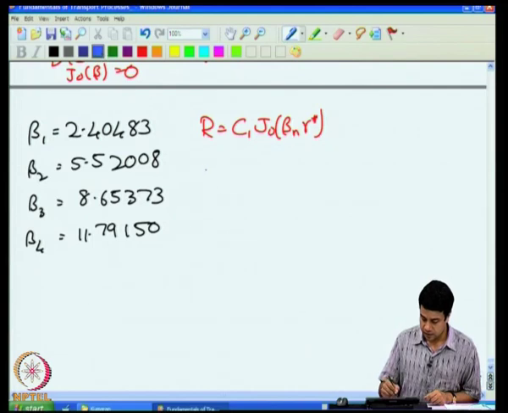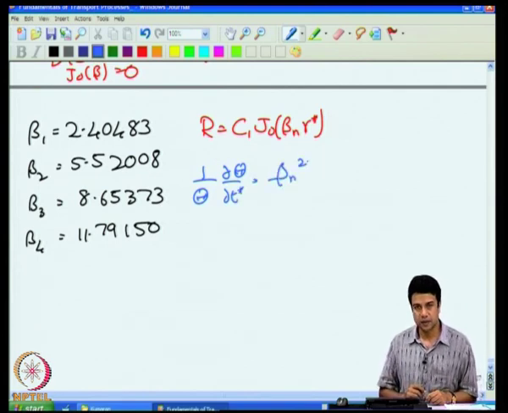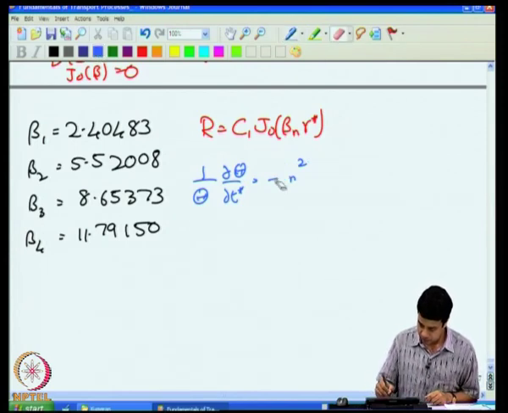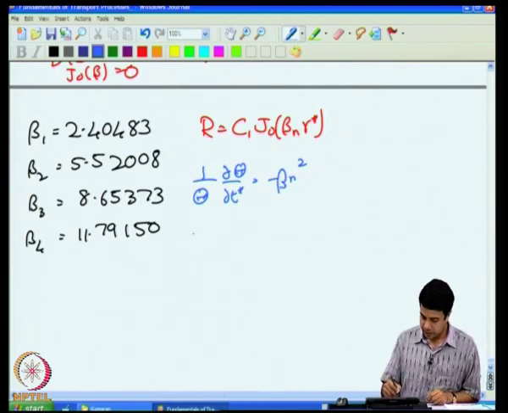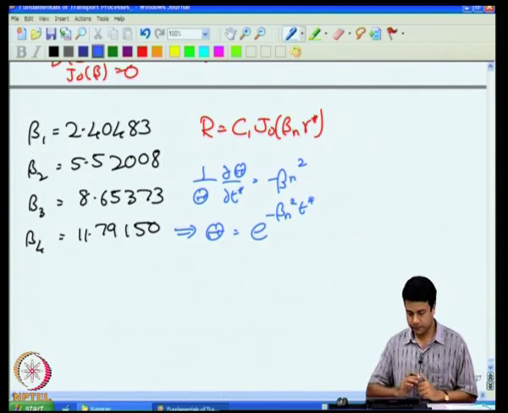Okay. The equation for time is 1 over theta d theta by dt star is equal to minus beta n square, which would imply that theta is equal to e power minus beta n square times t star.